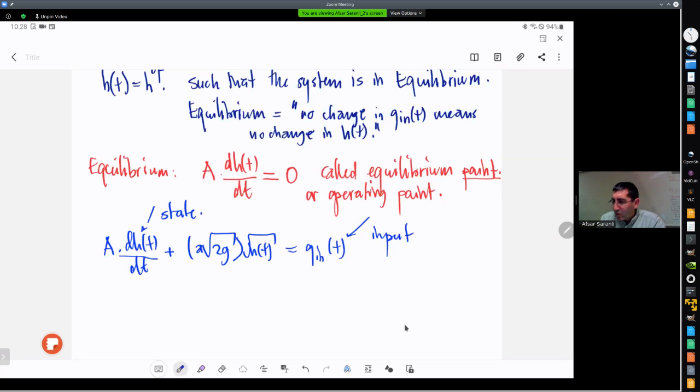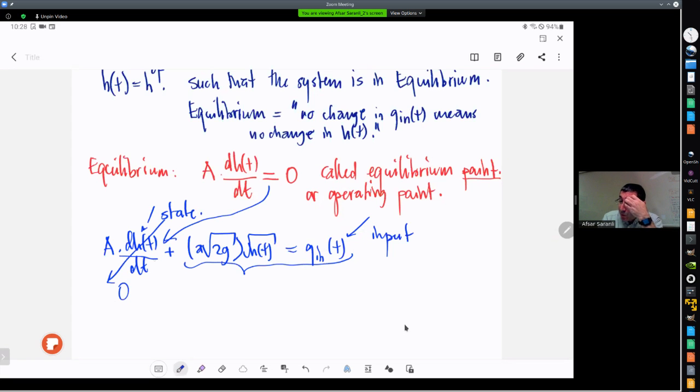So now we are imposing the equilibrium condition. So this becomes 0. What you end up with is an equation in terms of the state itself, h(t), and q_in(t).